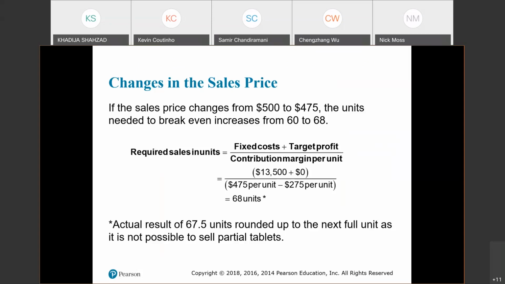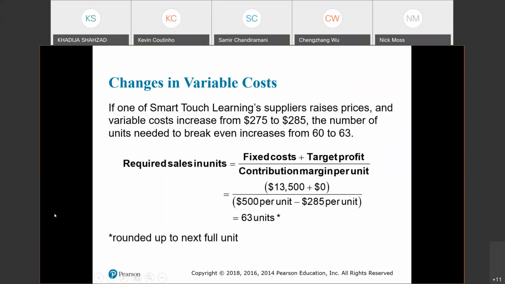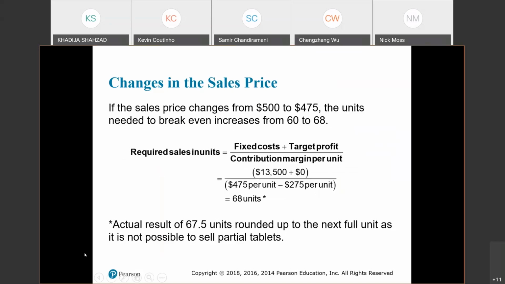The smartest learning company believes it should lower the selling price from $500 to $475 per tablet to maintain the market's competition.